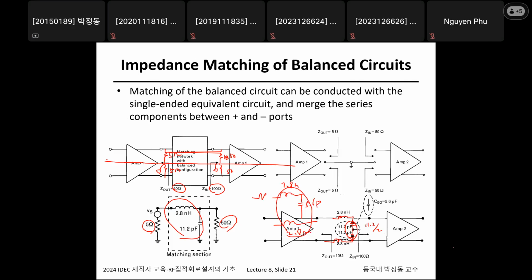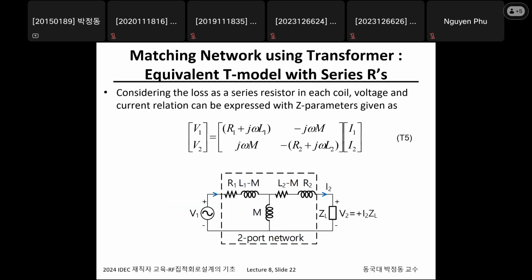All right. Now take a look at matching network using transformer. So basically, for the AC analysis, you can always use a T equivalent circuit.